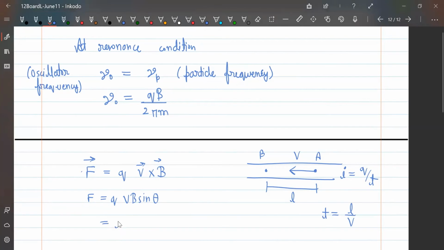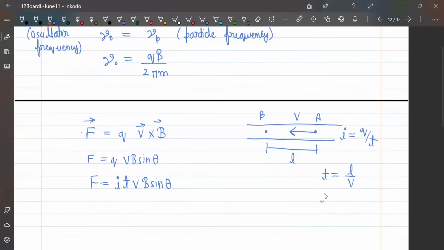Q we can write as I into T, and this will be B sin theta, and V into T we can write as L. So the force will be ILB sin theta. So we can modify our formula for force as I into L cross B.